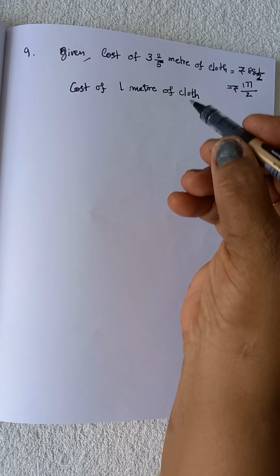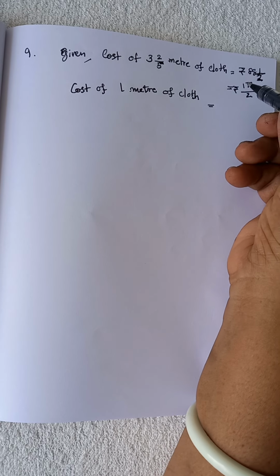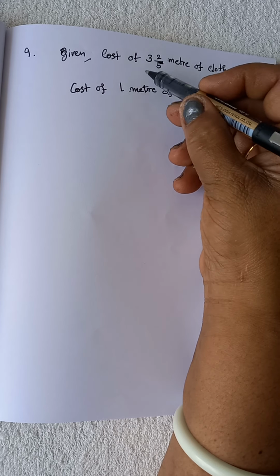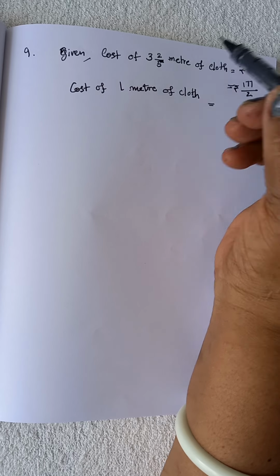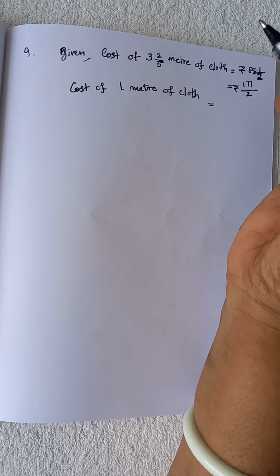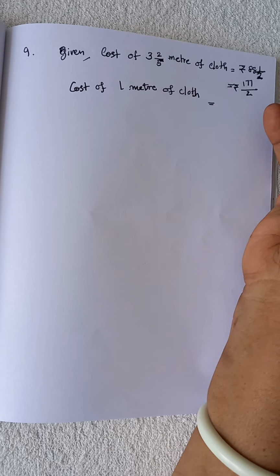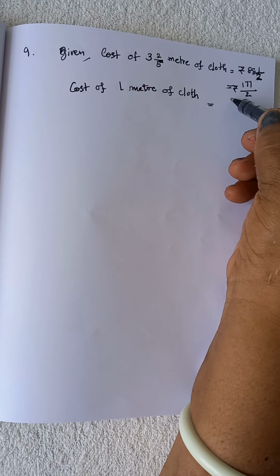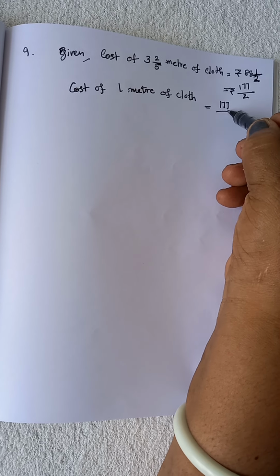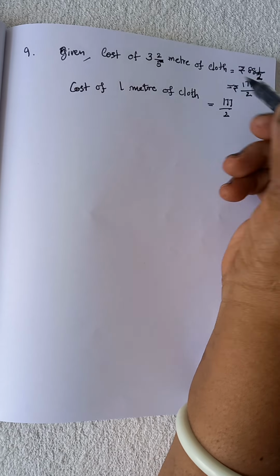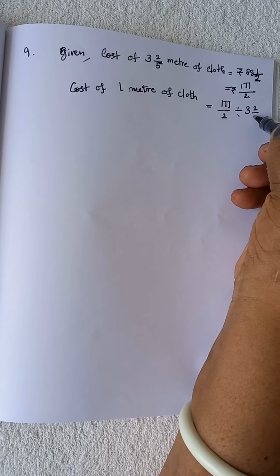177 by 2 rupees. Now cost of 1 meter of cloth is equal to, as in the previous answer, 3 and 2 by 5 meters means 3 and 2 by 5 into 1. In that we want only 1. So we want to take this 3 and 2 by 5 to the right side of the equal sign. So what is on the right side? Remain that 177 by 2. Now we want to take this to the right side, so it will get divided there by 3 and 2 by 5.